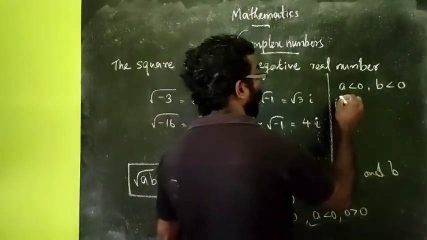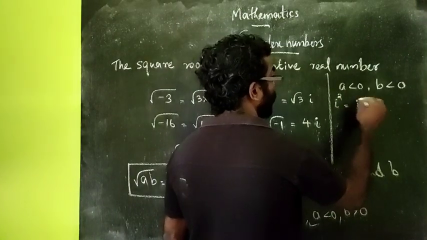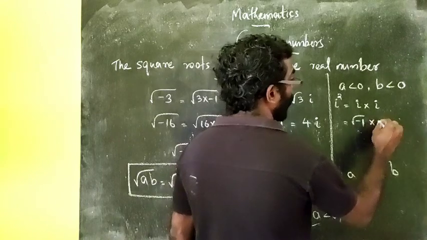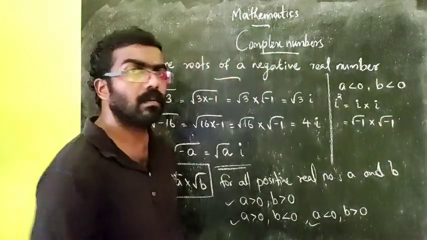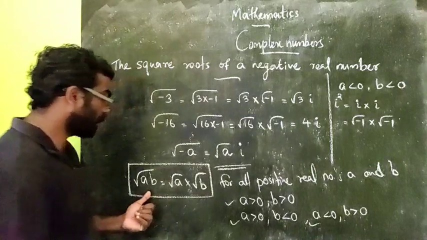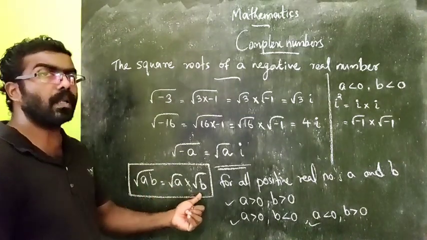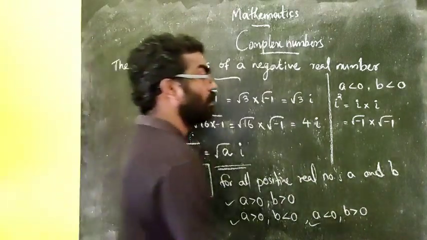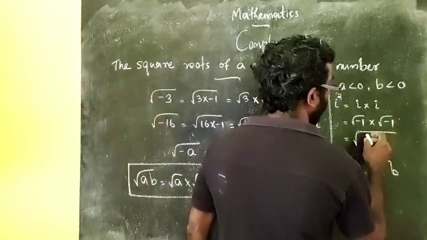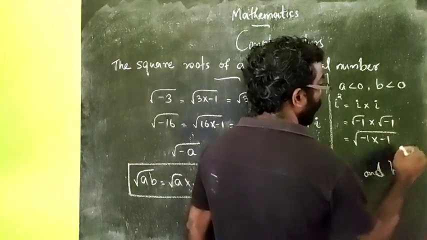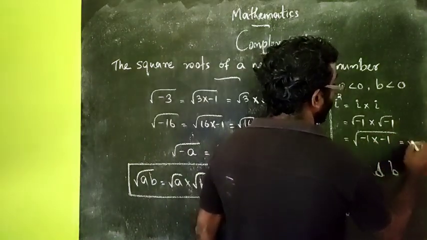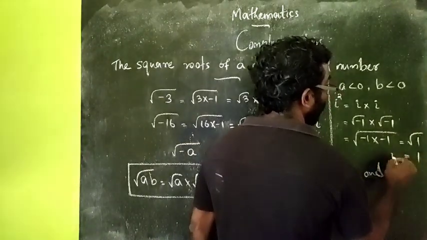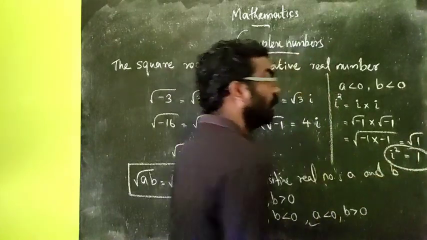Let us consider i square. i square can be written as i into i. The i value is root minus 1, again root minus 1. And if we apply this property, root ab equals root a into root b, root a into root b can be written as what? Root ab. Then in a single root we can write minus 1 into minus 1. And what is minus 1 into minus 1? It is plus 1. Root 1 gives the value 1. That is, i square will be equal to 1.